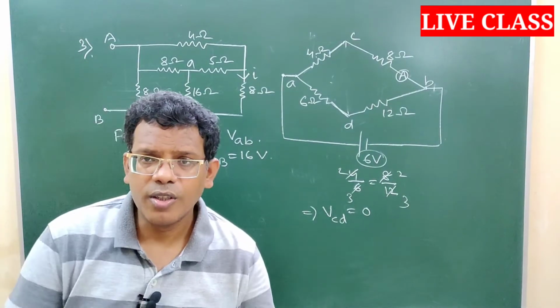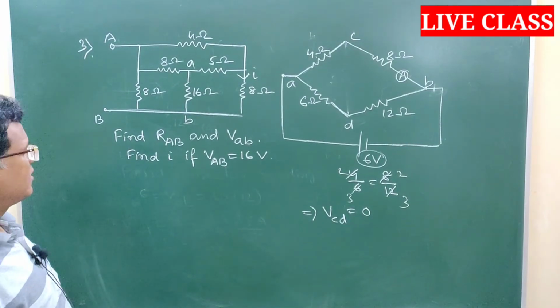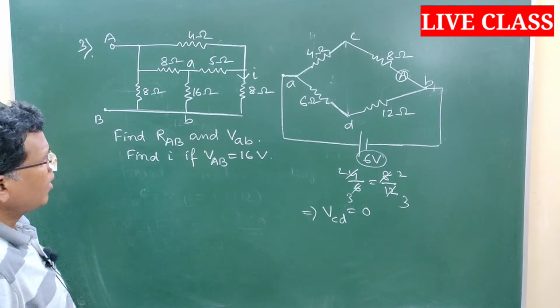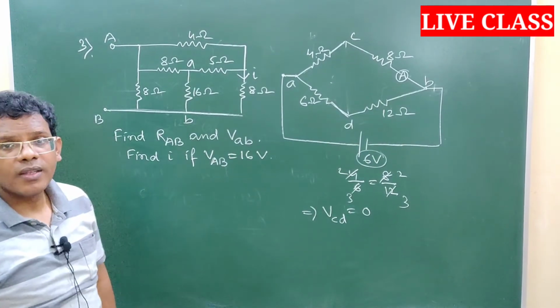If VAB is given as 16 volt, that is, the applied voltage is 16 volt, then what will be the current I marked in the 8 ohm branch?